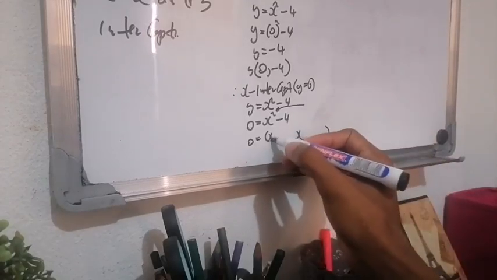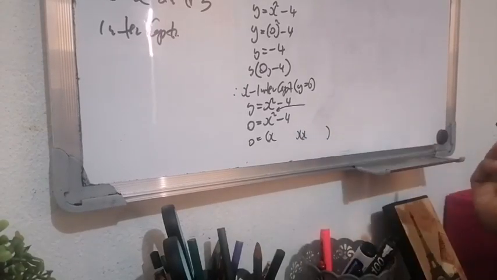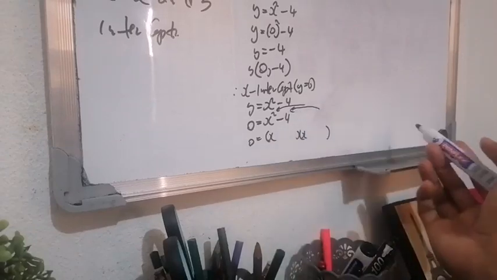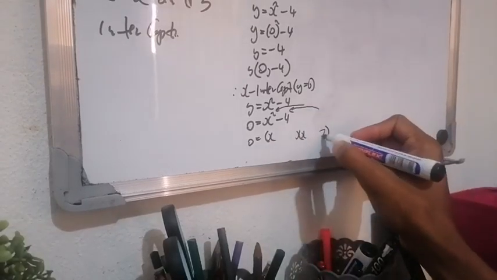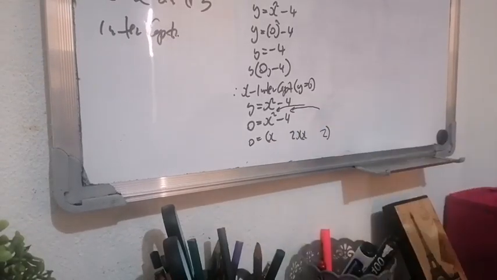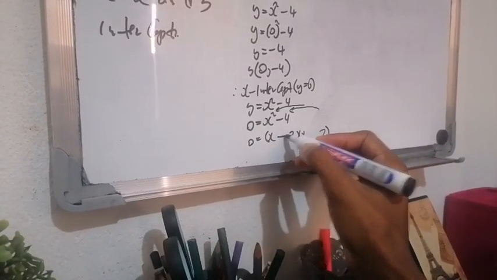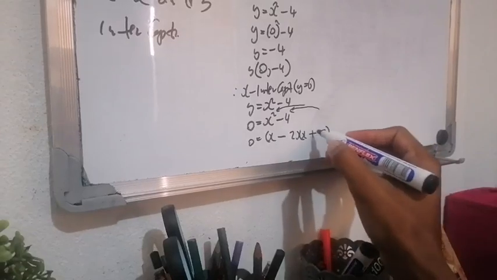Obviously we multiplied x and x to get x squared. And then which two numbers did you multiply together to give you 4? Well, it was 2 and 2. 2 multiplied by 2 will be 4. So when that happens, one bracket should be positive and the other bracket should be negative.